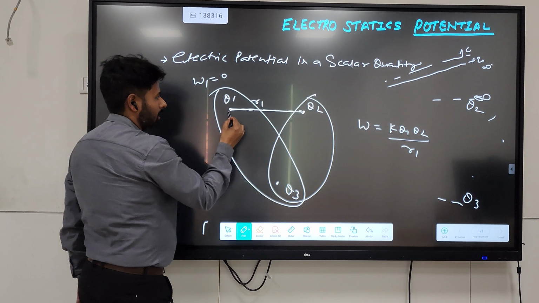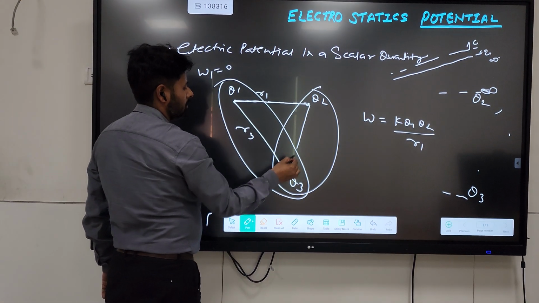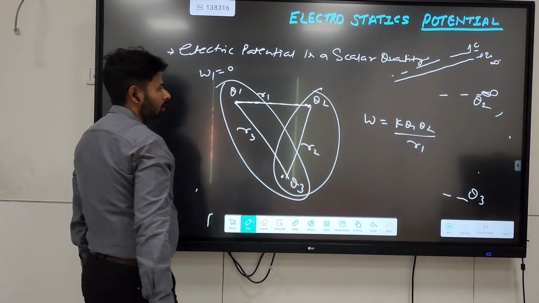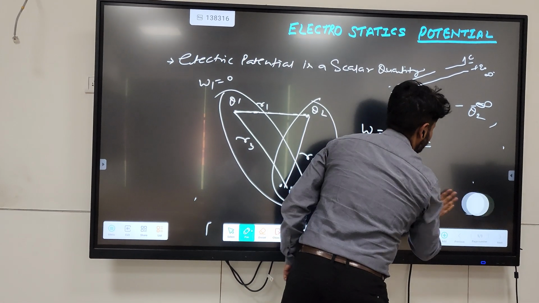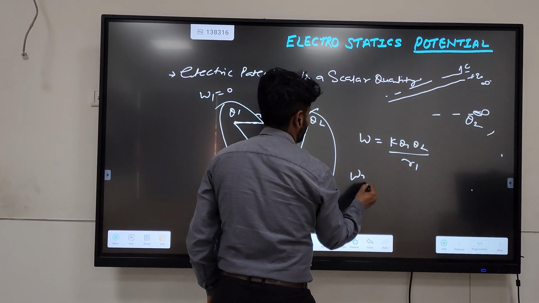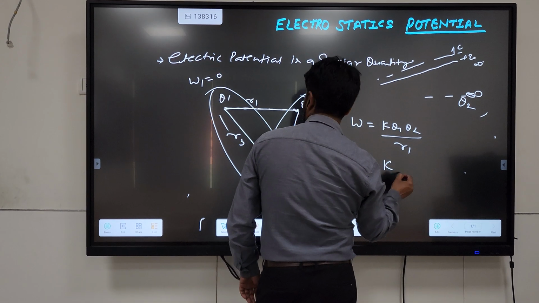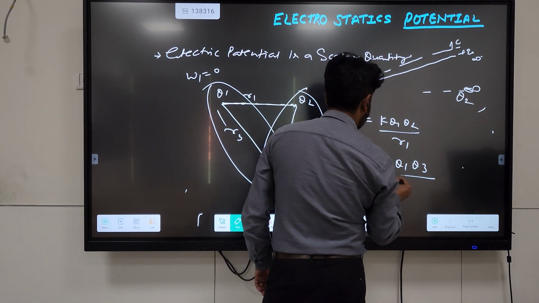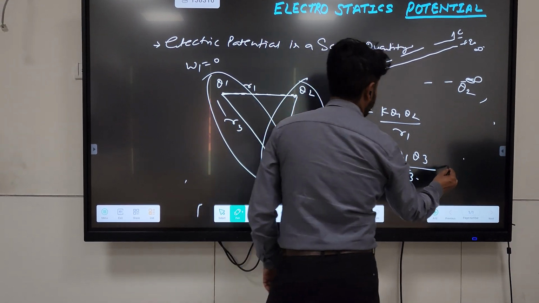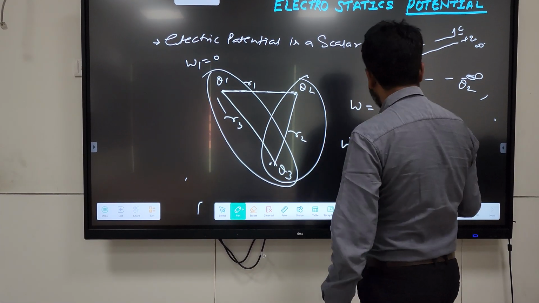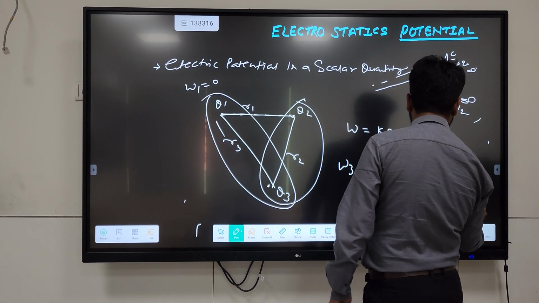Let's say this distance is R3 and this distance is R2. So the potential energy between Q1 and Q3 will be kQ1Q3 upon R3, and between Q2 and Q3 it is kQ2Q3 upon R2.